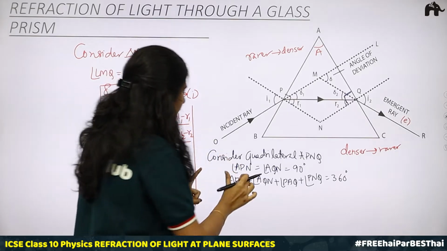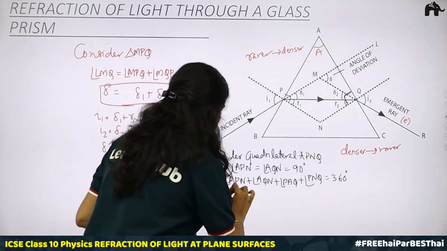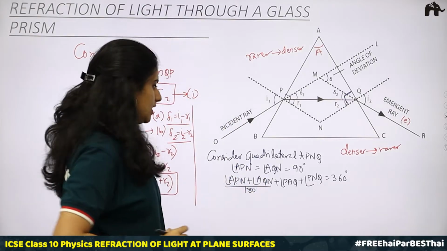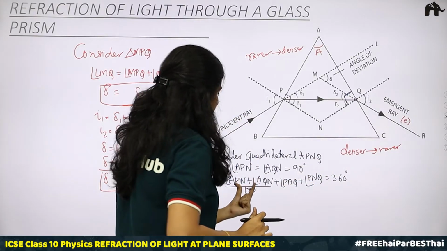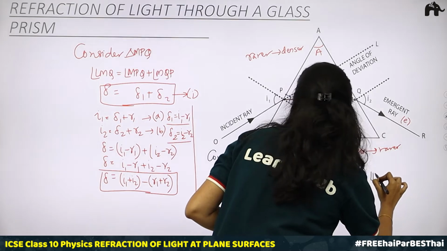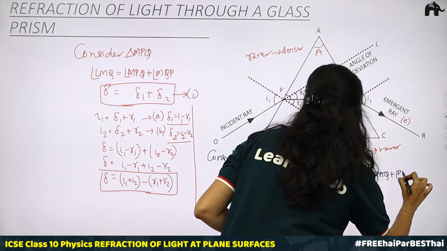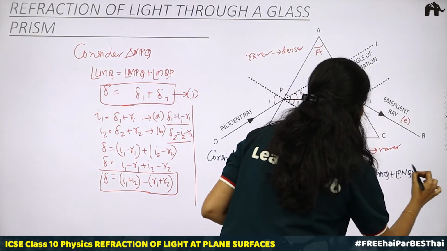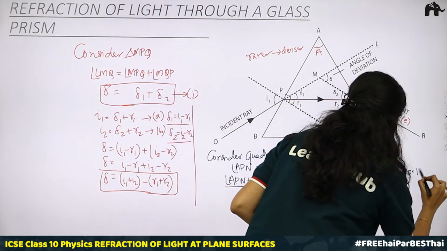We have APN 90 degrees and AQN 90 degrees, which means their sum will be equal to 180 degrees. Taking this 180 degrees to the opposite side, plus 180 becomes minus 180. Then angle PAQ plus angle PNQ is equal to 360 degrees minus 180 degrees, which is 180 degrees.